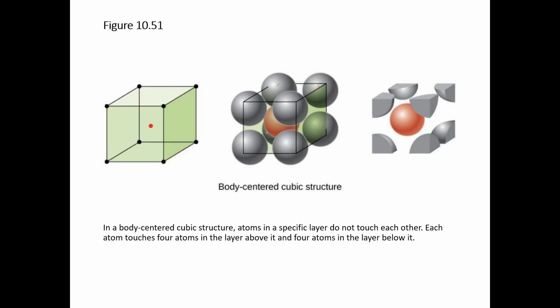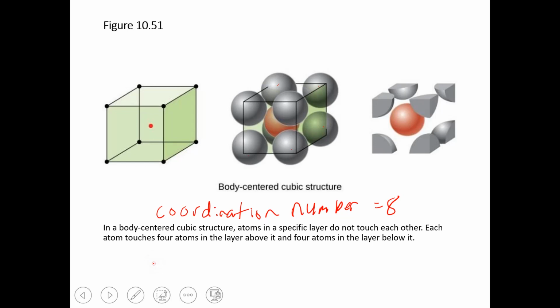So it's touching a total of 8 other spheres, which means that a body-centered cubic unit cell has a coordination number of 8. So 4 on the top plus 4 on the bottom gives us a coordination number of 8.